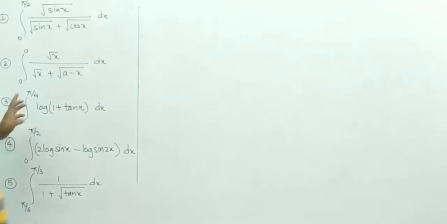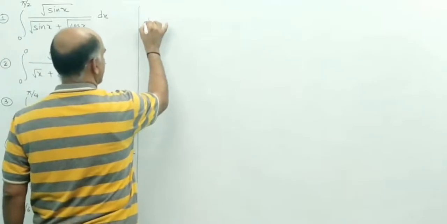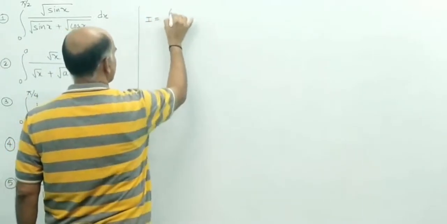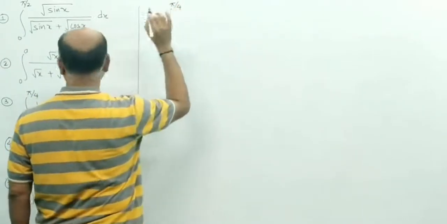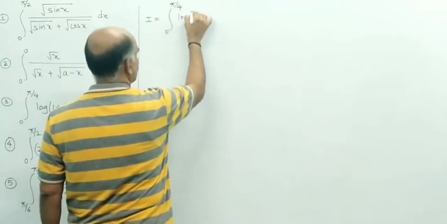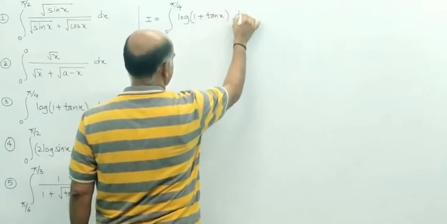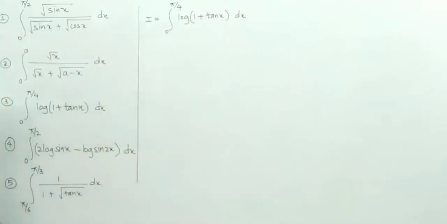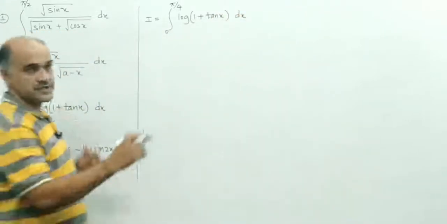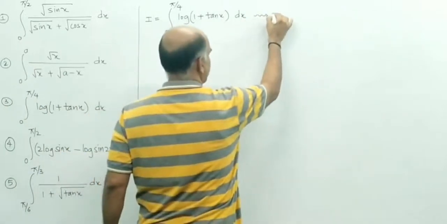So now we will see the third one, students. So I is equal to 0 to pi by 4 log 1 plus tan x dx. So this I will take as 1.